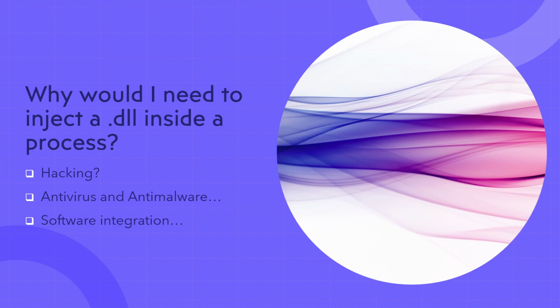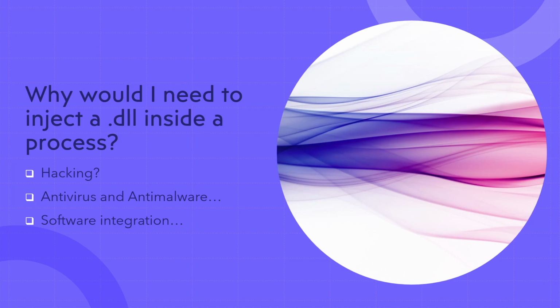But typically in the case of antivirus and anti-malware, you would need to also work in kernel mode. All this is about user mode. Okay, in this video I will be showing user mode code.